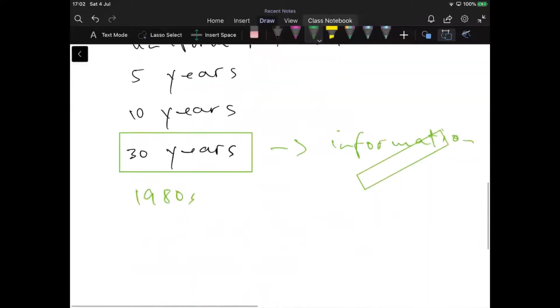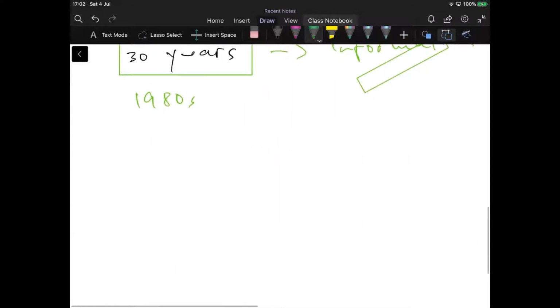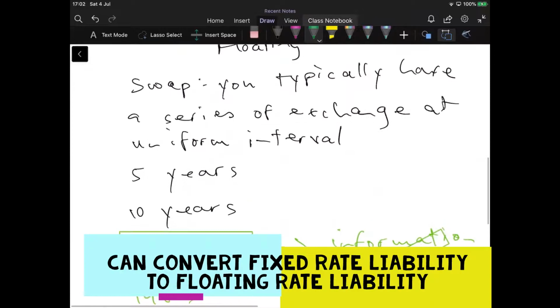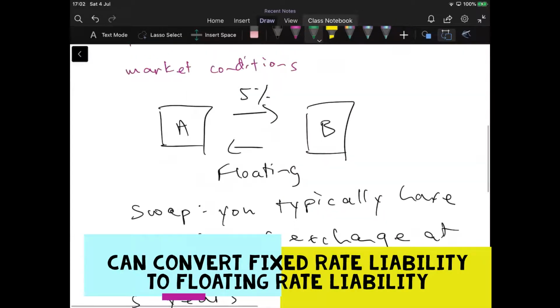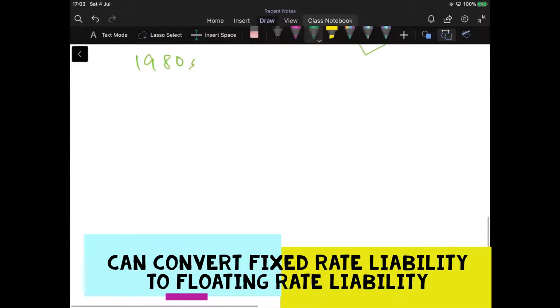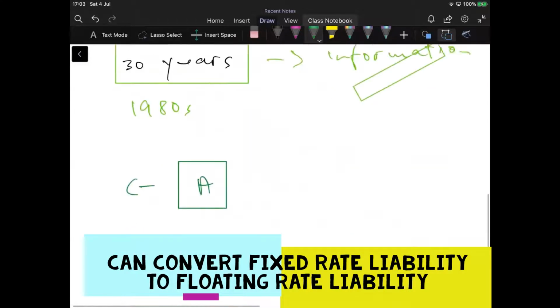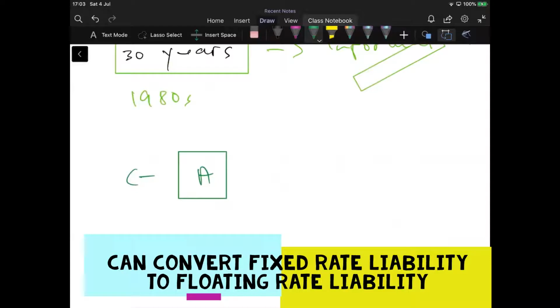Okay. So what's the rationale then for the swap? Well, let's take a simple case here. We have A. Let's say A is currently in a situation where they are paying out a floating rate on a loan.